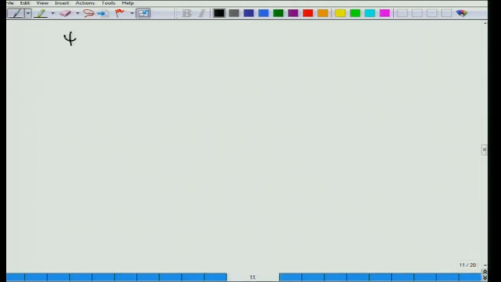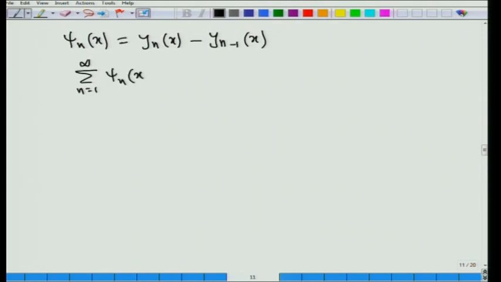Now, for our notational convenience, if we define psi_n(x) equal to y_n(x) minus y_{n-1}(x), then this series summation n running from 1 to infinity psi_n(x) is convergent, and let us assume this converges to psi(x).